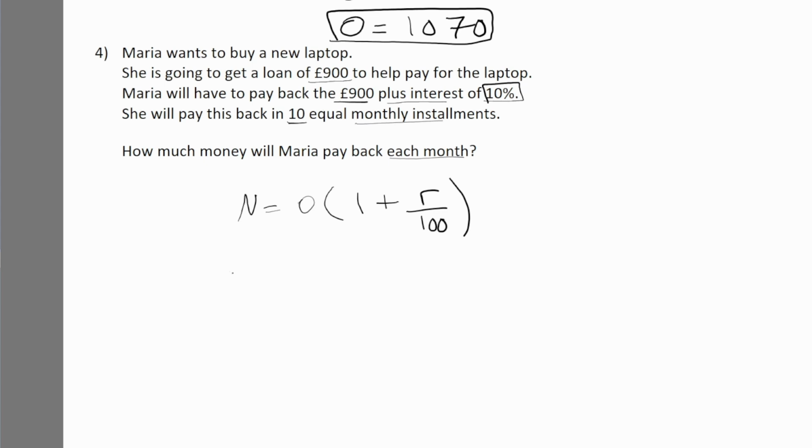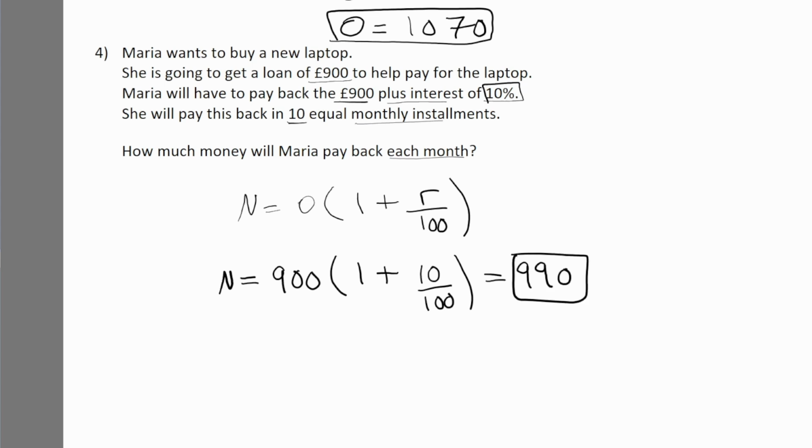The new, we don't know. The old is £900, and 1 plus 10 divided by 100. You can just plug the entire thing on your calculator. You will get 990. So this is the loan, 900 plus a 10% interest.